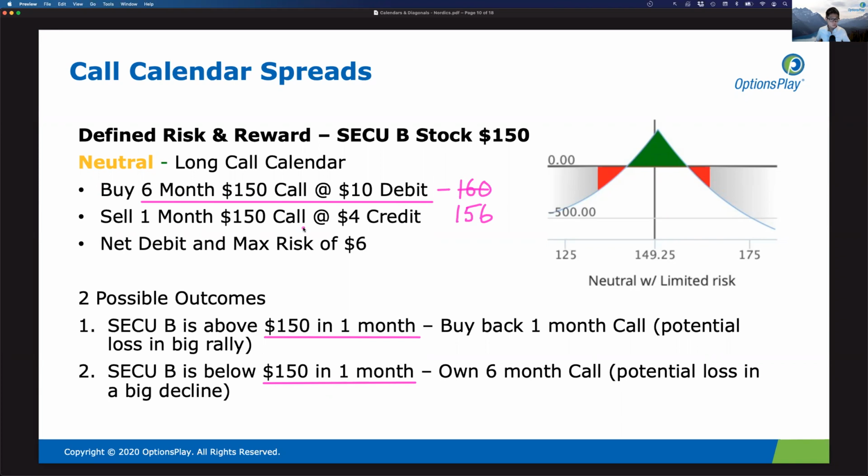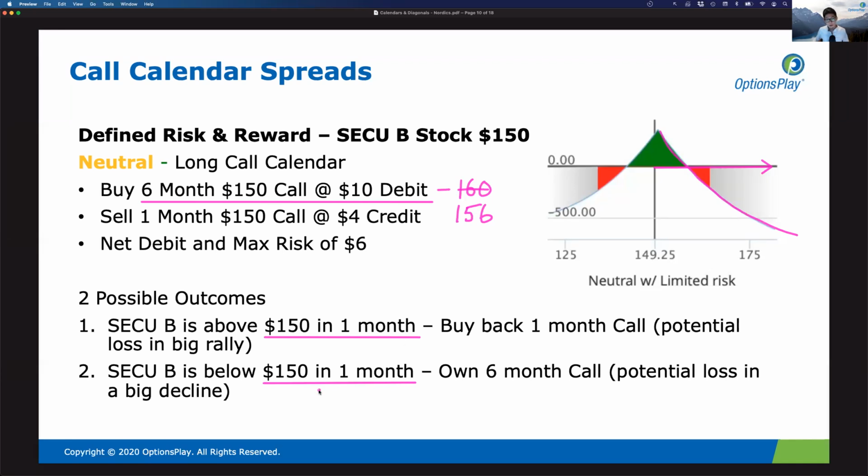So if the stock's above 150, you'll have to buy back that 1 month call, and you will have potential losses here to the downside. So if, let's say, during the 1 month time the stock rallies, you will have to buy back that short call at a loss in order to hold on to your long call.